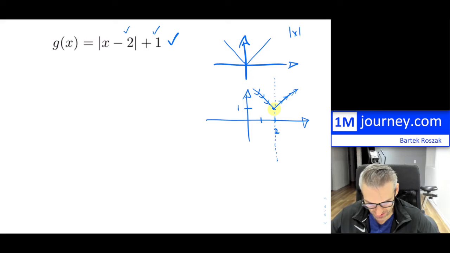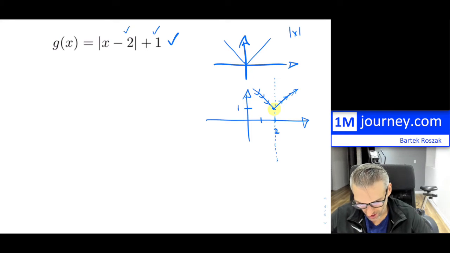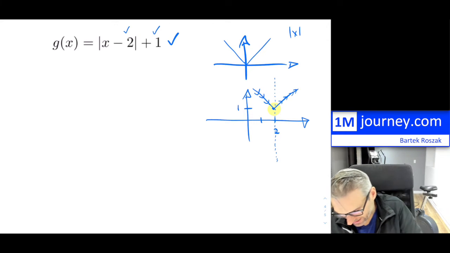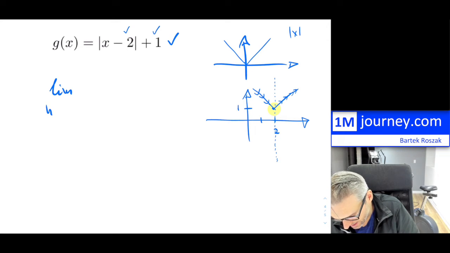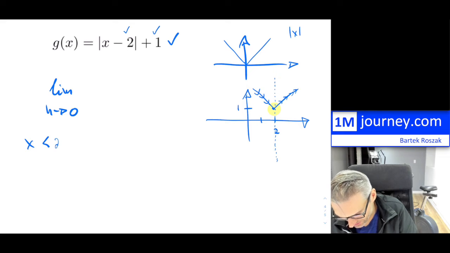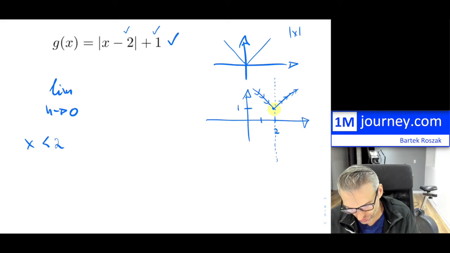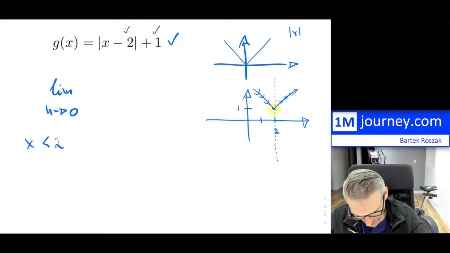And now what makes this very nice is I don't have to do a lot of work in here. So this is the limit as h is approaching 0. And now I'm going to assume that this is for x less than 2. So for x less than 2, this is going to be 1, this is 2, this is 3.